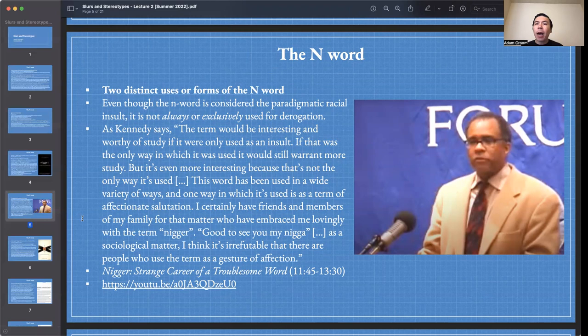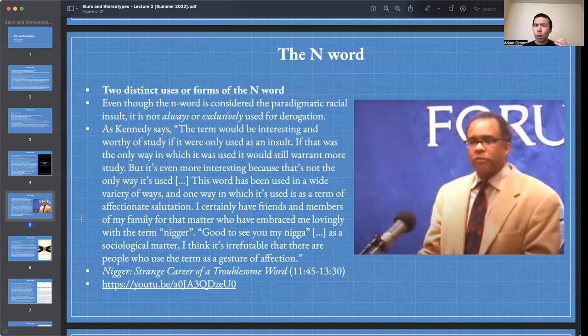All right, now that we've acknowledged the paradigm derogatory, dehumanizing usage of the N-word, and we agree on all sides that this is something that must be accounted for when we're studying slurs, right? It would be a poor model of slurs if I was unable to account for the derogatory usage, because that's the most salient usage of slurs.